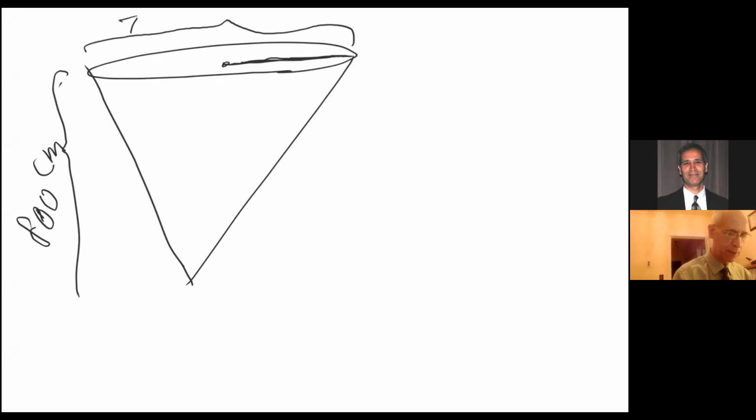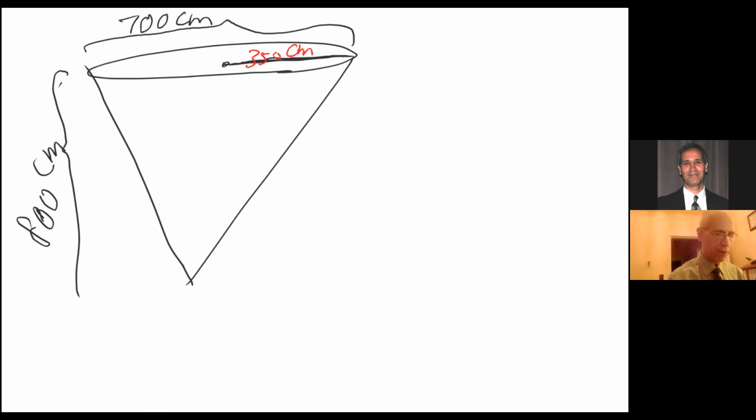We are given that the height was 8 meters, that means 800 centimeters. The diameter on the top was given to us as 7 meters, which is 700 centimeters. Therefore, this radius is 350 centimeters.